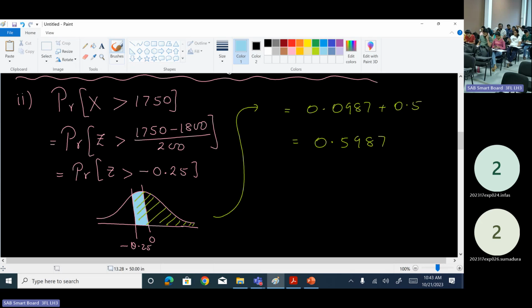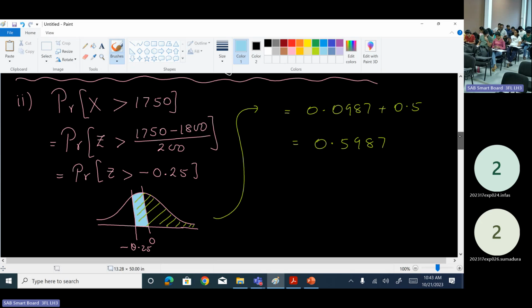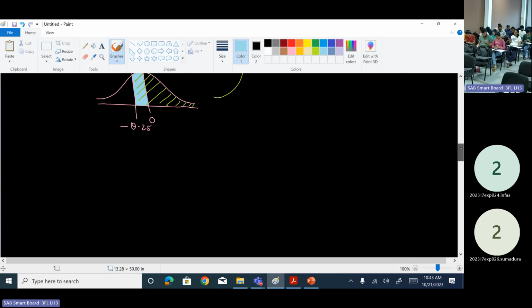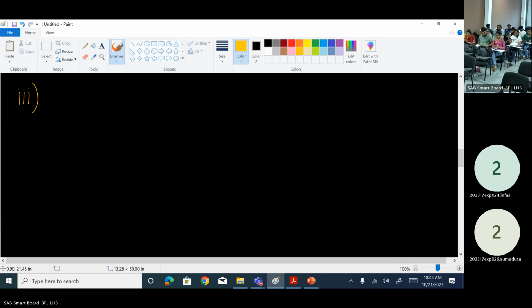Third part: what percentage of bulbs will last more than 1,900? They are asking for the percentage value. Even if they ask for percentage value, you have to first get the probability and then multiply by 100. Third part, probability lifetime more than 1,900.